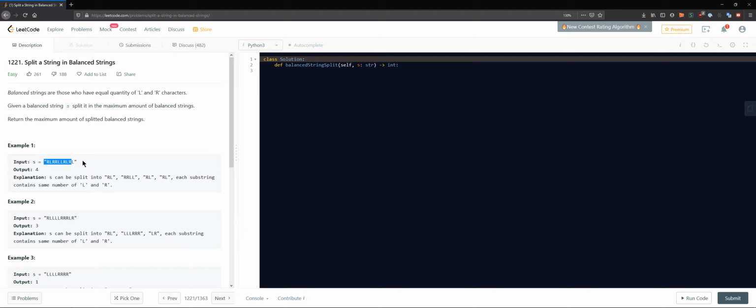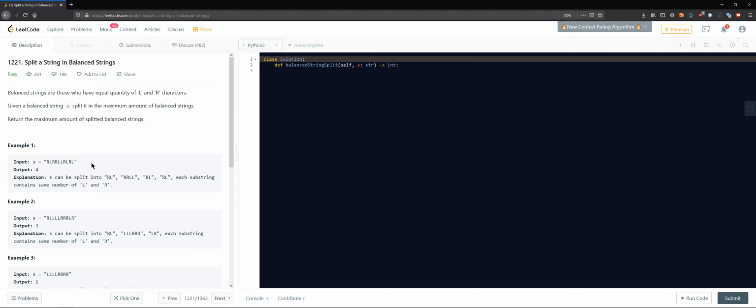Okay, let's see. Our input would maybe look like this, right? R L R L R R L L R L R L. Our output would be to return the maximum amount of split balanced strings. Given a balanced string, split it in the maximum amount of balanced strings.